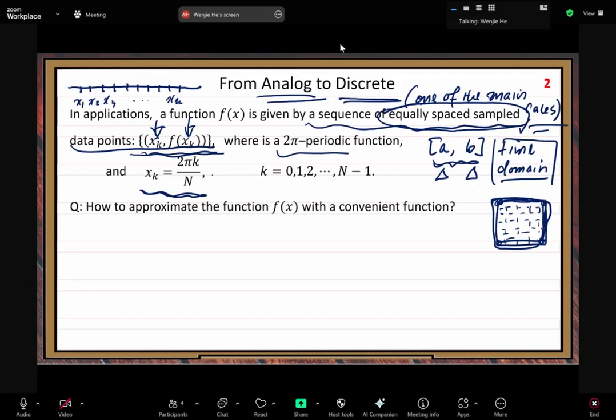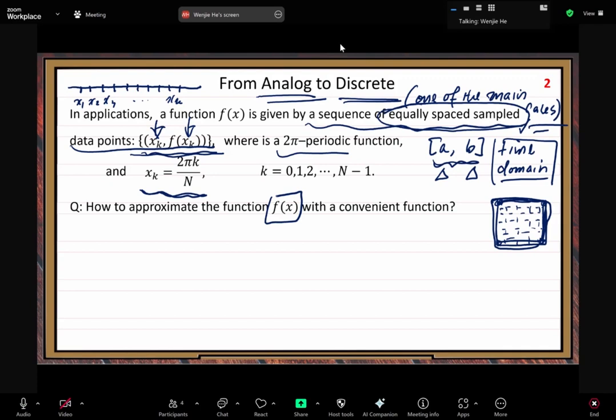Then the question: how to approximate the function f of x with a convenient function? Because here, this f function is an imaginary function. We are never given such a function. We are given a sequence of numbers, a sequence of data points.